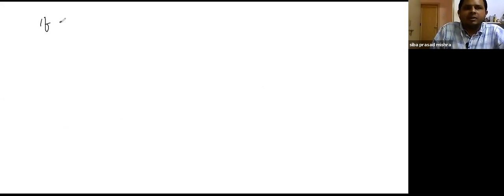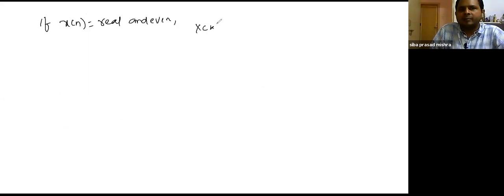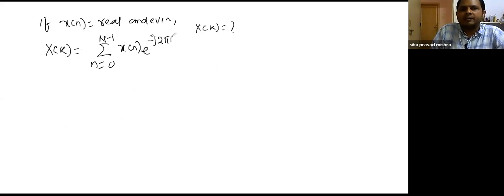If x of n is real and even, same as in the DFS, then what will happen to x of k? You can do this analysis by yourself, it is not difficult. You all know x of k equals summation of n 0 to N minus 1, x of n e to the power minus j 2 pi nk by N. Now x of n is real, no problem.